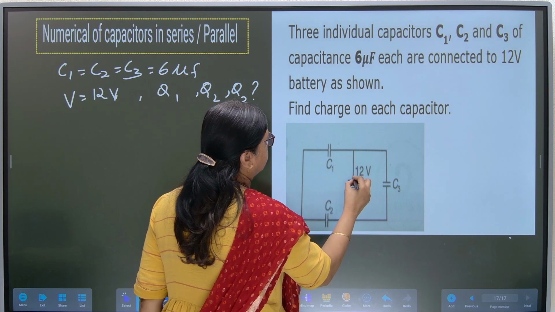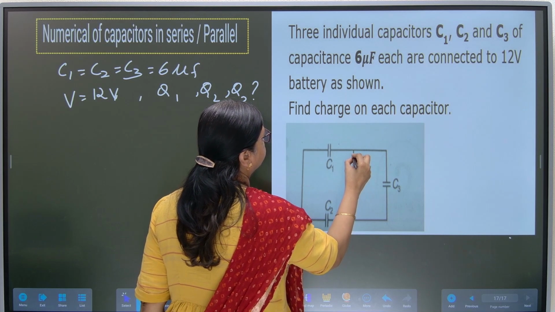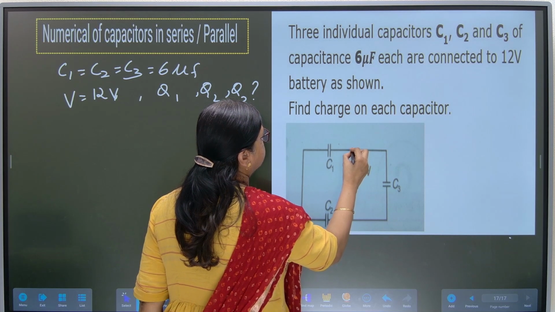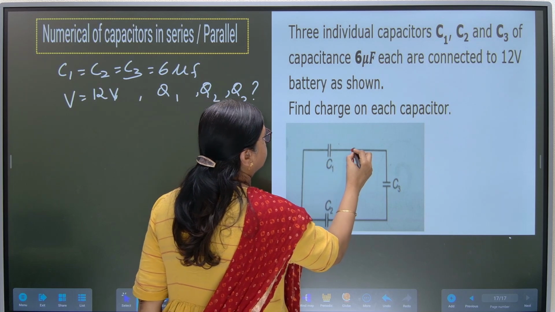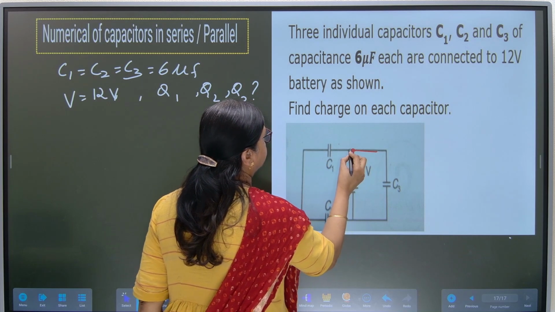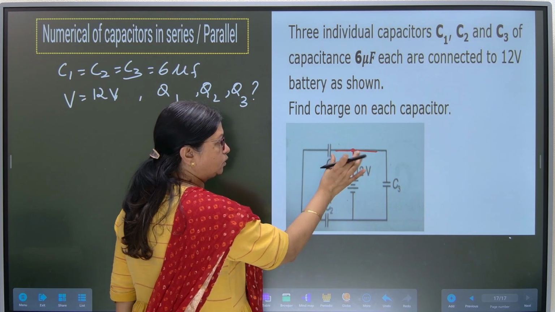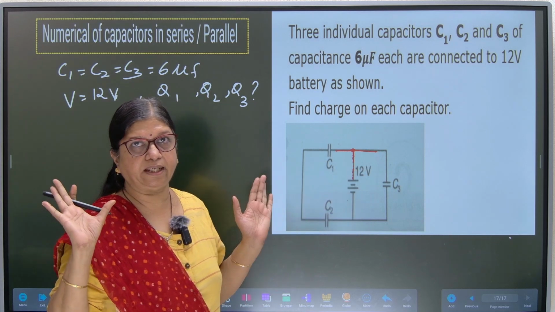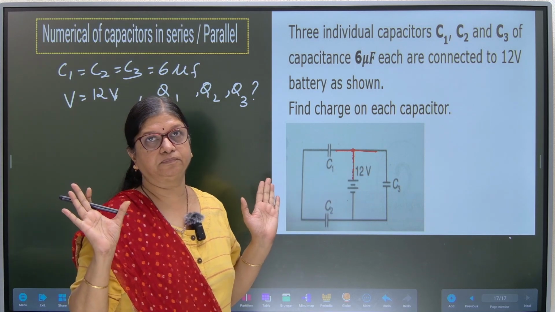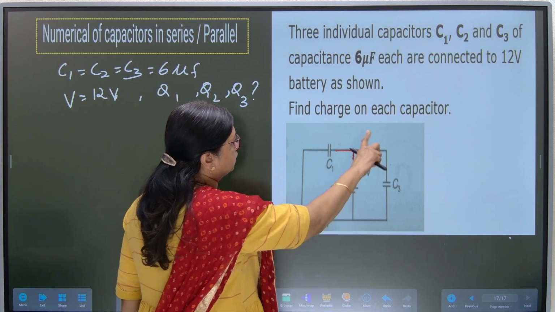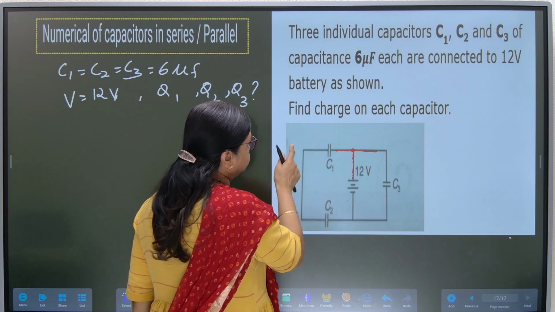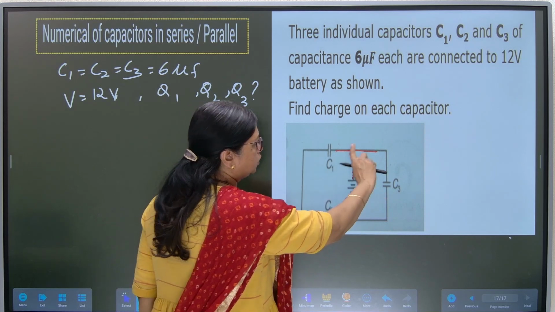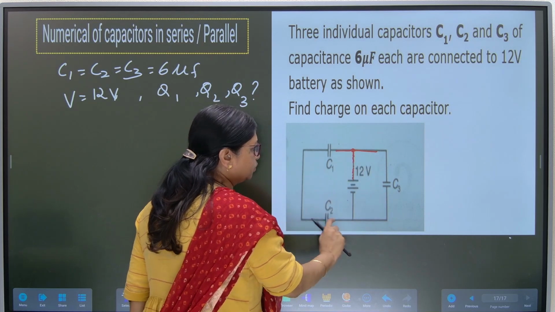I will use another pen, go up. Here there is a junction which is going in two ways. So it is understood that these two portions are in parallel. This portion has C3, this portion has C1 and C2. So this line is parallel to this line.